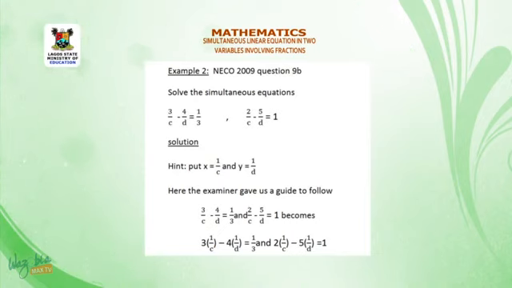3 over c minus 4 over d is equal to 1 over 3, and 2 over c minus 5 over d is equal to 1 becomes 3 brackets 1 over c minus 4 brackets 1 over d is equal to 1 over 3, and 2 brackets 1 over c minus 5 brackets 1 over d is equal to 1.